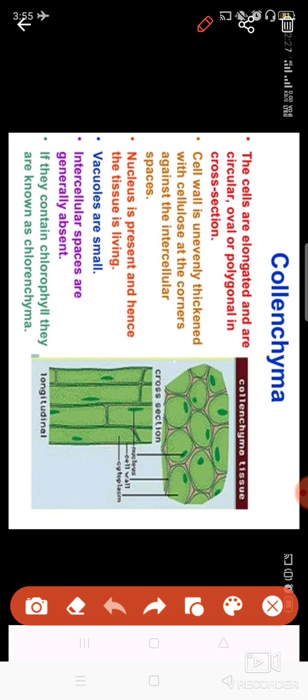Their cell wall is thick at the corners only. That is due to the extra deposition of a pectin layer. Pectin is a kind of hard substance which makes up the cell wall. Due to this extra deposition, all the cells are joined together in a manner that there is no intercellular space.